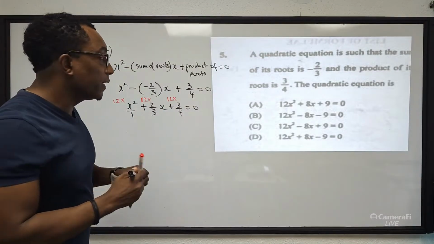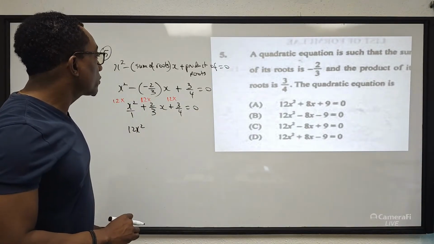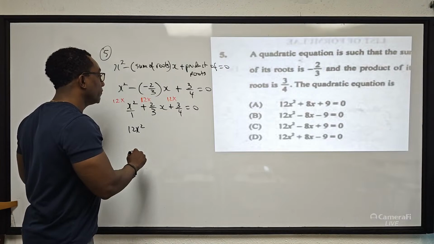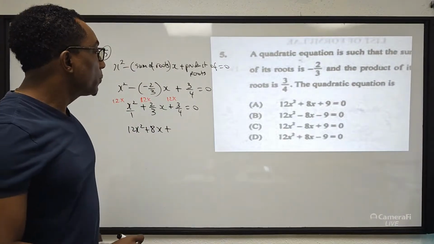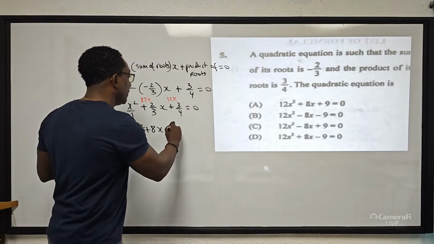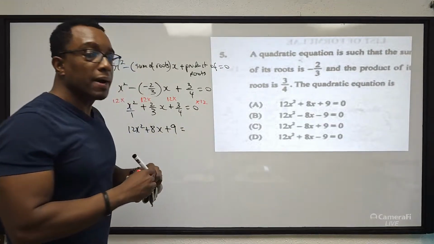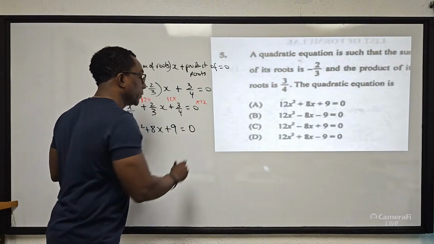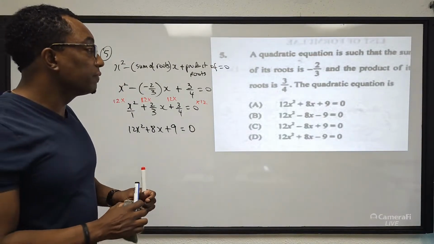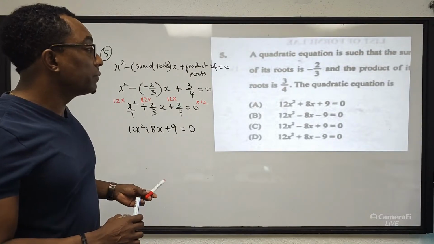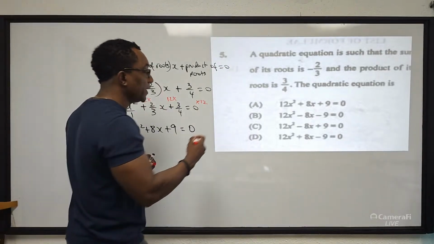So 12 by x squared gives me 12x squared. 2/3 x by 12 will be 8x, plus 3/4 by 12 is 9, and 0 by 12 will also give me 0. So this is my equation in the non-fractional form, and therefore the equation we're looking at is option A. So for question 5, the answer is A.